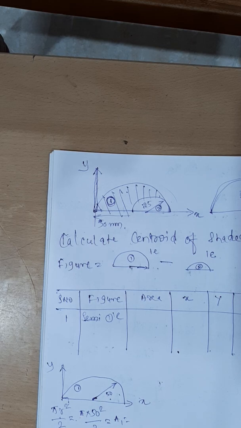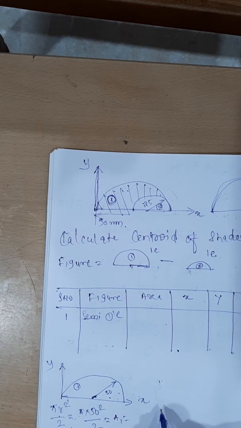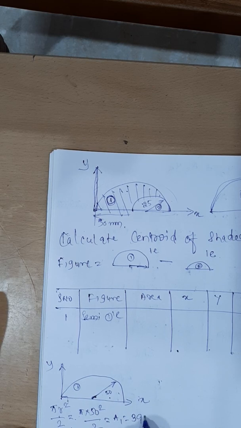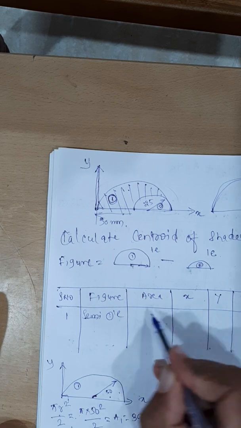That is 50 squared into π divided by 2, equal to 3927. A1 is equal to 3927 mm². Put the value of A1 here, 3927 mm².